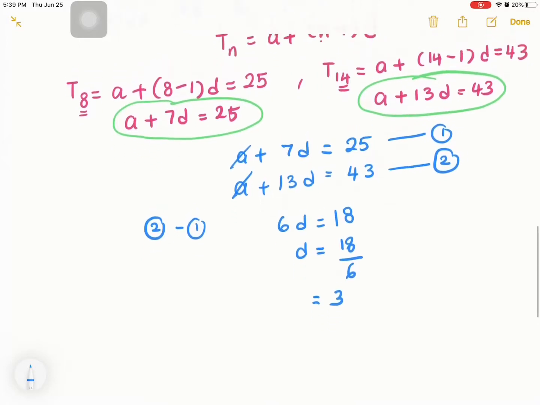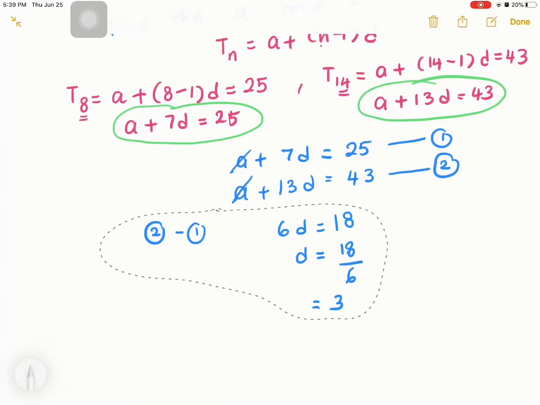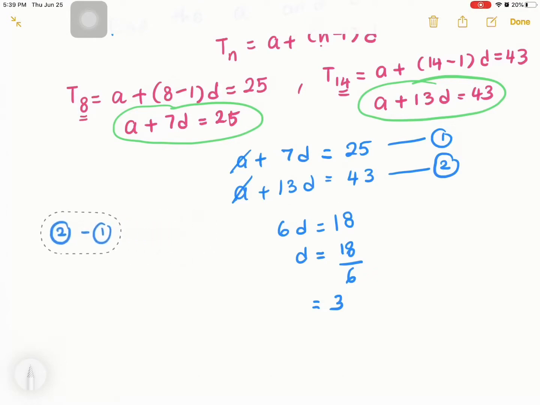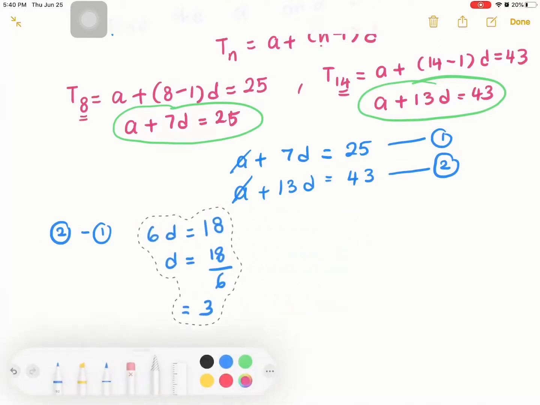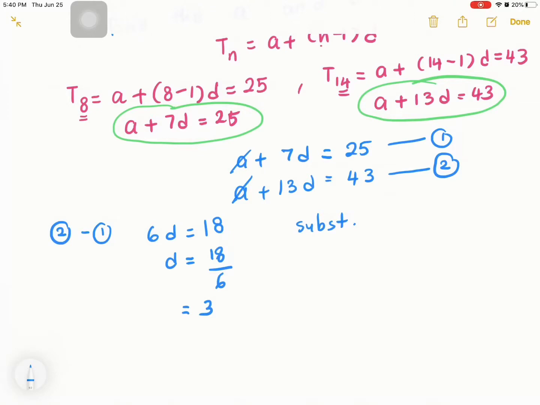Now the next thing we do is we have to solve for A. So to solve A, as we get our D equals 3, substitute D equals 3 into 1.